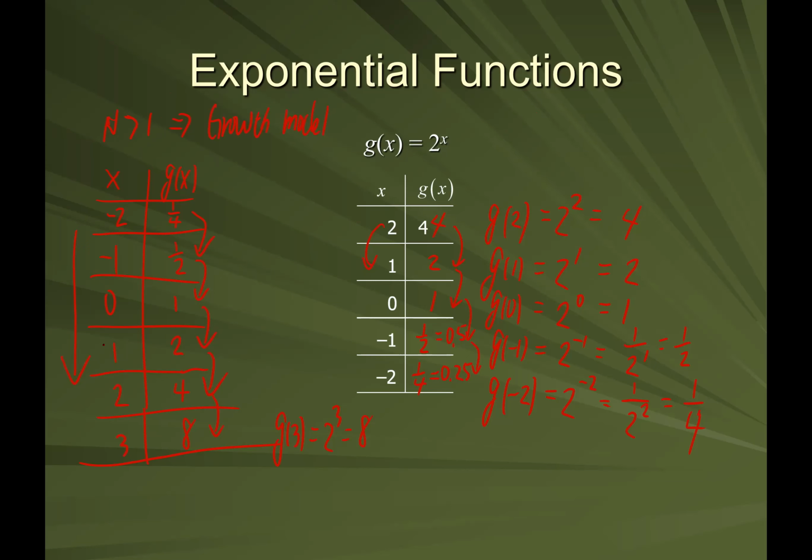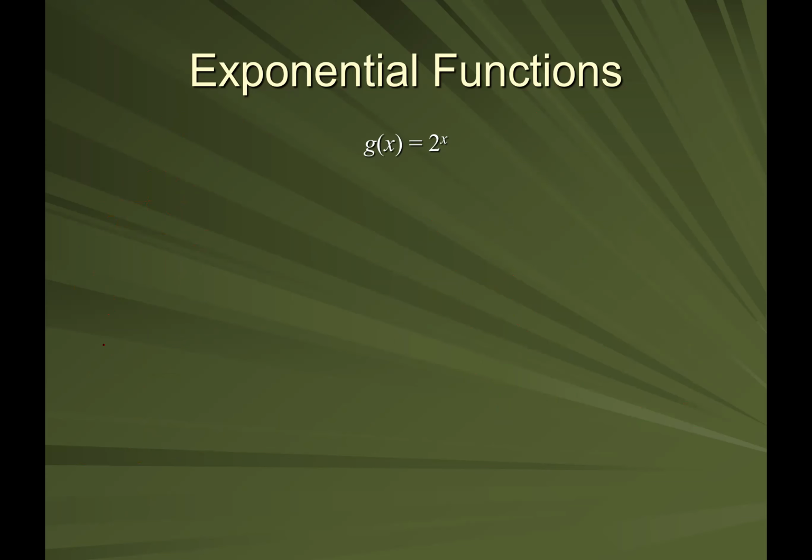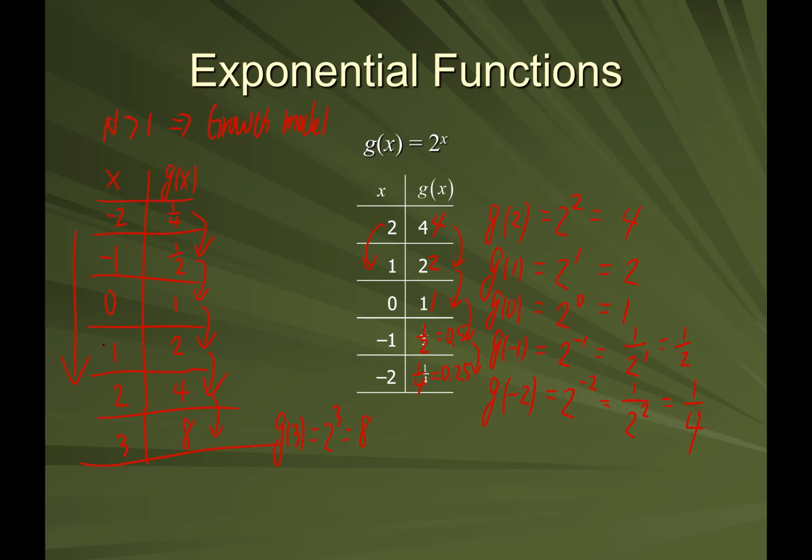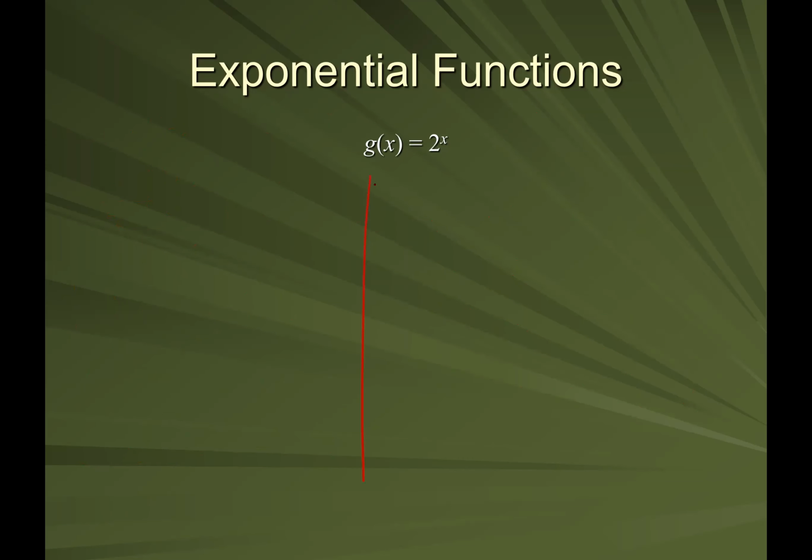And then in terms of graphing this, you just have to plot all these ordered pairs. So we have -2, a quarter; -1, a half; 0, 1; 1, 2; and 2, 4. Let's plot 5 ordered pairs. So you just need to plot those 5 ordered pairs on a Cartesian system.